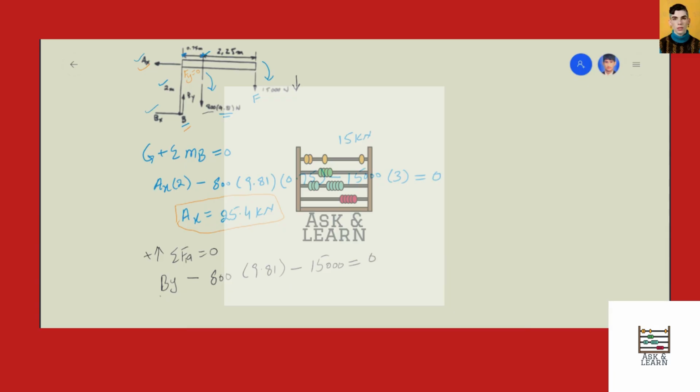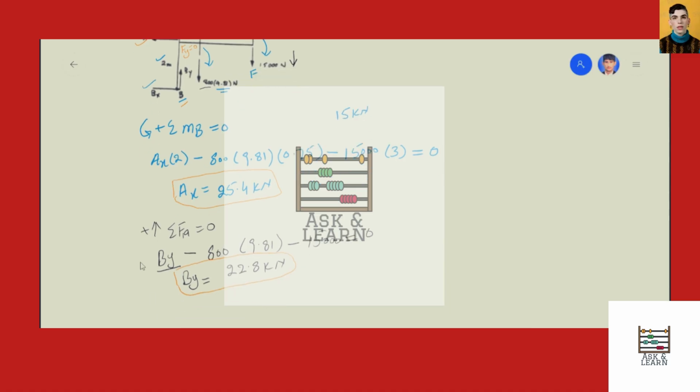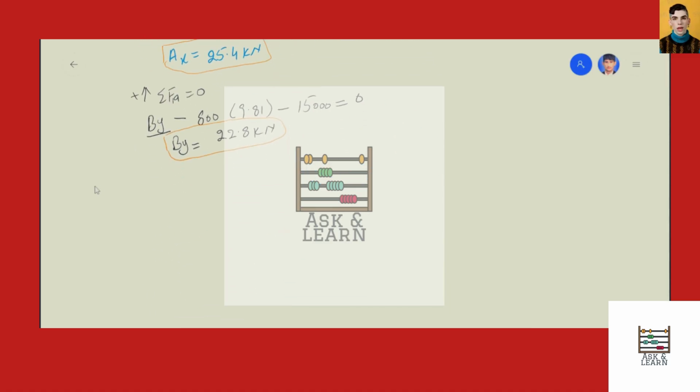After solving this, we got the force at point B in the y direction, which is equal to 22.8 kilonewton.